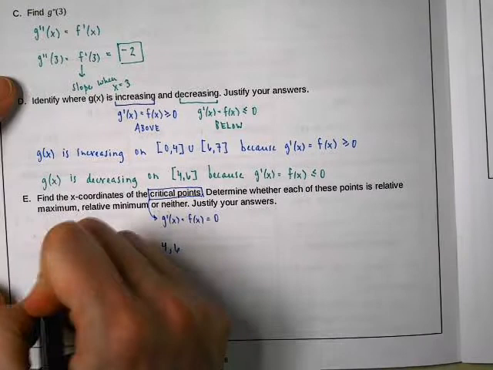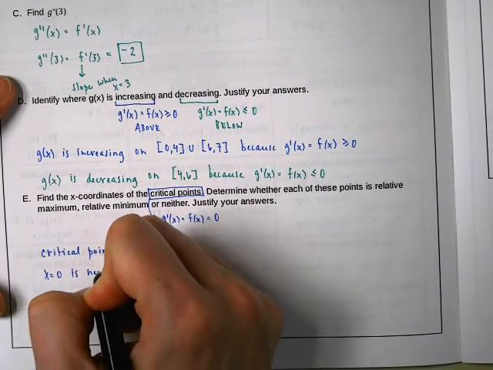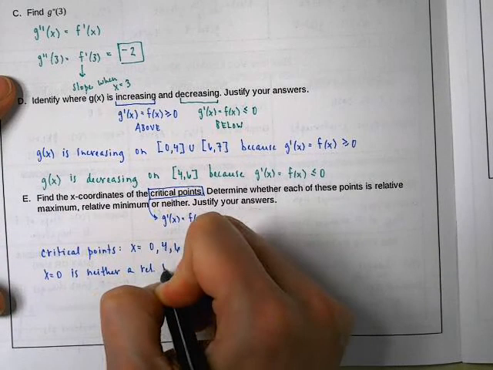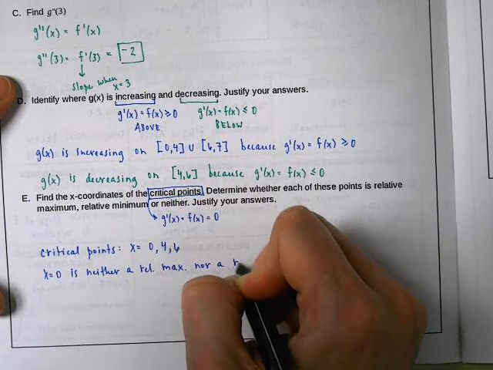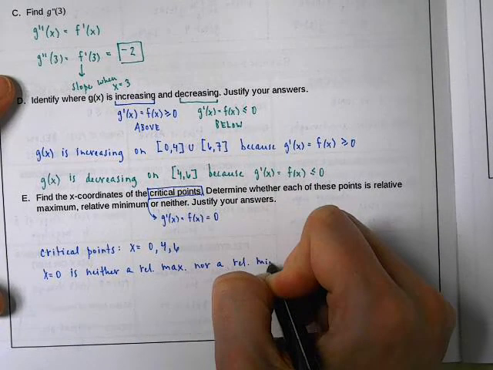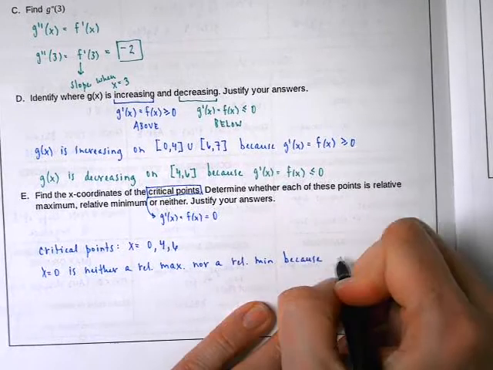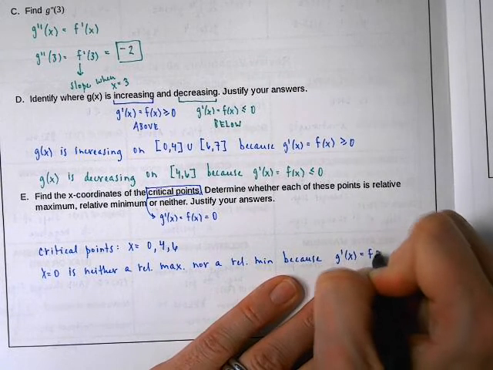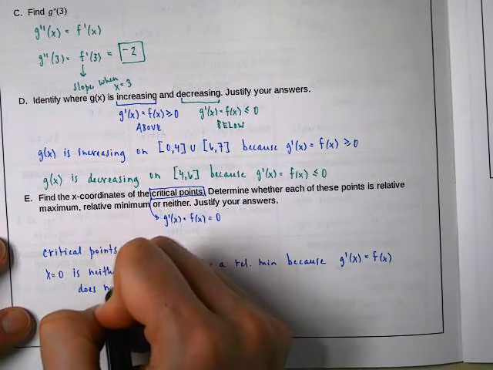So we would say x equals 0 is neither a relative max nor a relative min because, again, I'm going to make a connection here between g and f. G prime of x equals f of x does not change signs at this value.